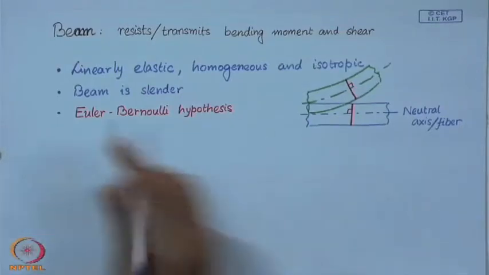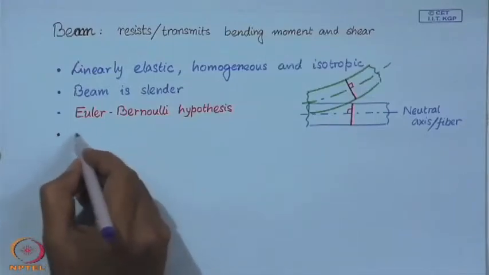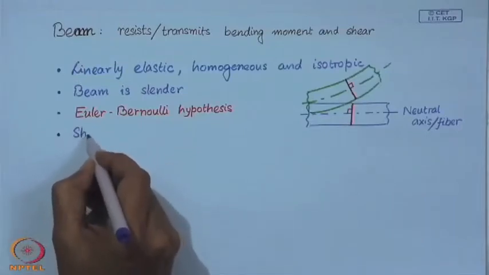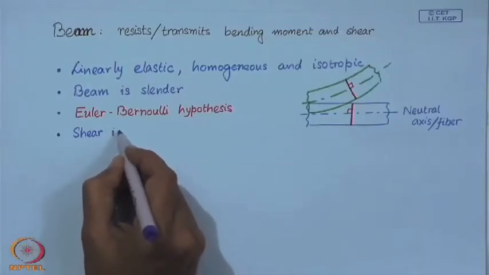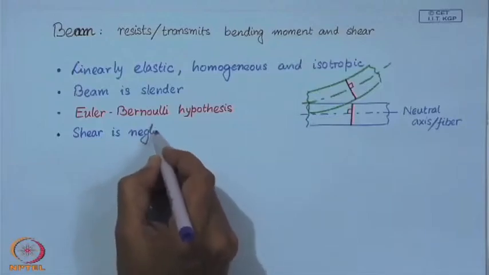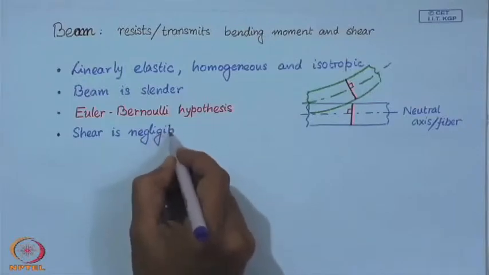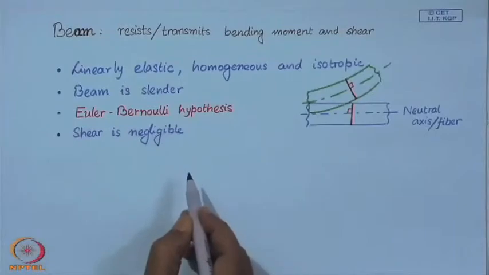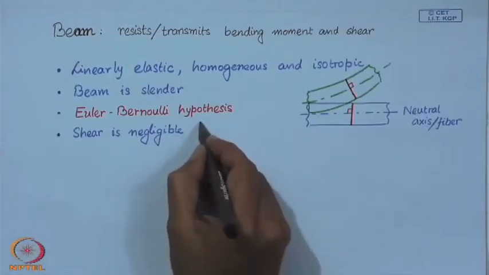Then we make the final assumption in the model that we are going to discuss today, that shear is negligible, or another way of saying this is that the beam is infinitely stiff in shear.